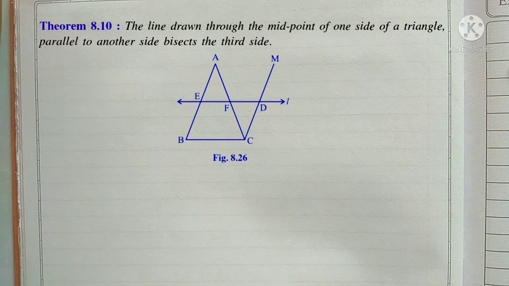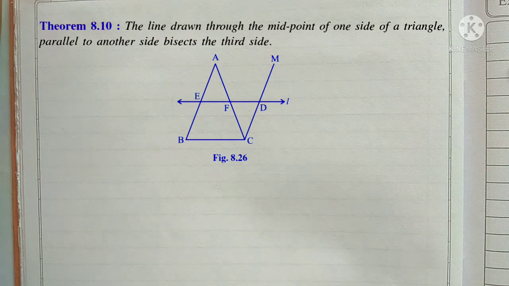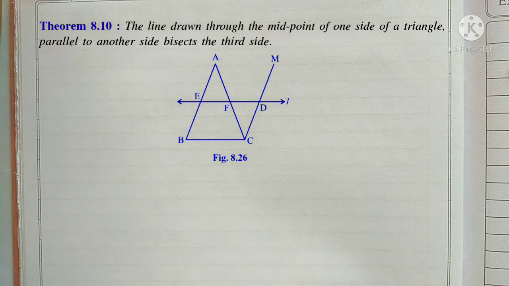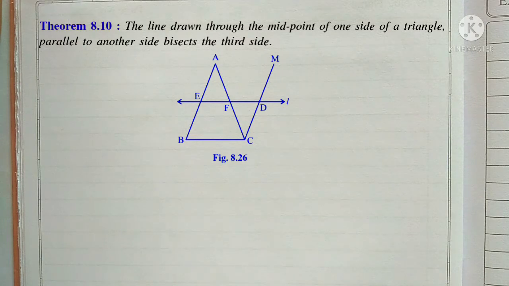When we draw a parallel line to BC through E, then obviously this line bisects the third side. That means the third side is AC and it is bisected at F. That means F is also a midpoint. Is it clear? So this one is the property. These two theorems are totally opposite of each other.